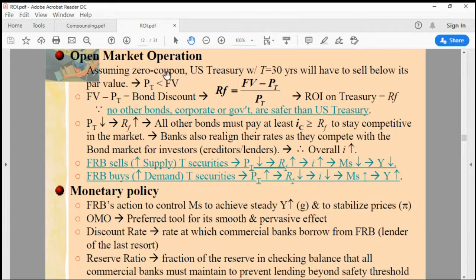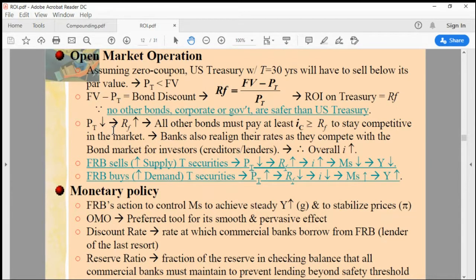The par value is the face value, 1,000. So the selling price of the Treasury must be way below the face value, and let's say that is $500.